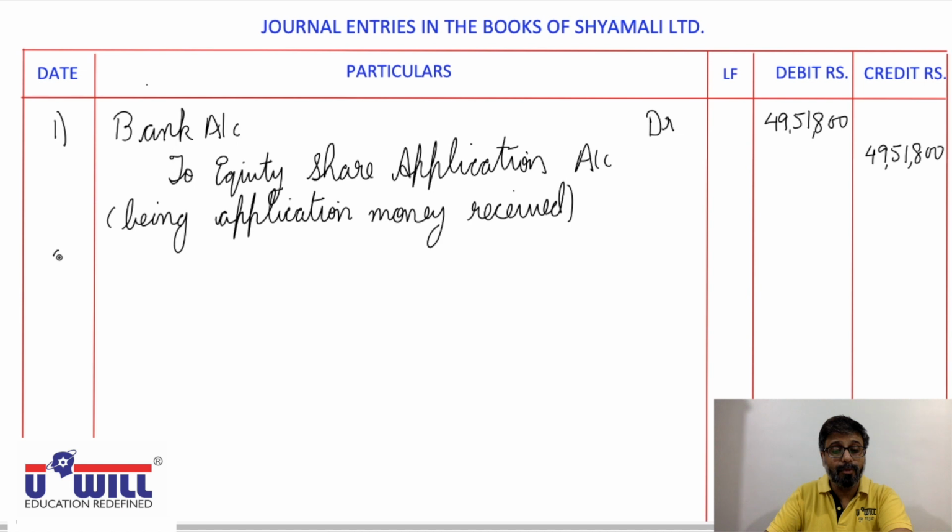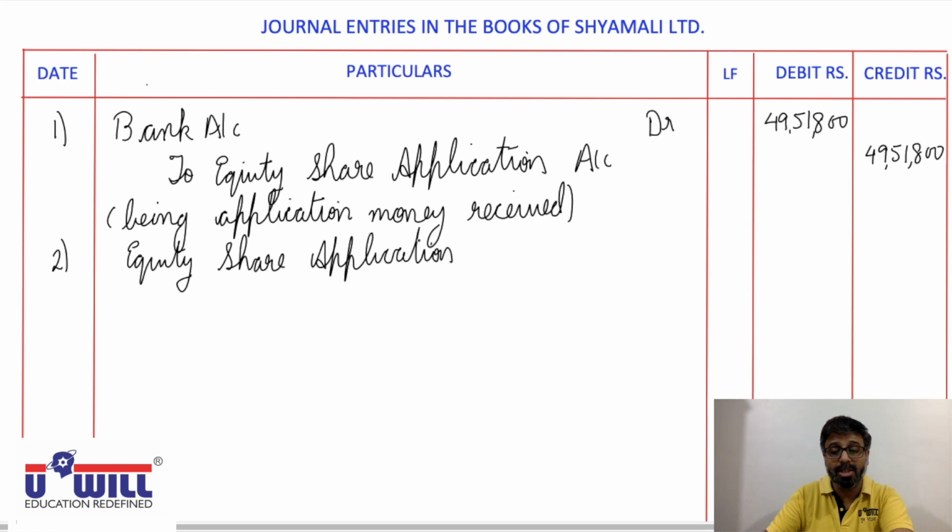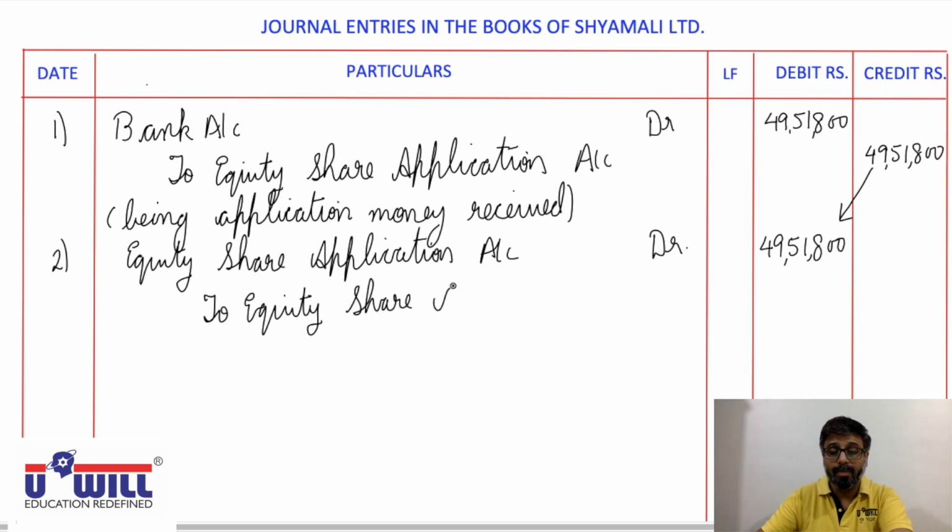Now second entry for pro rata allotment, equity share application account debit. Okay, now since we have already practiced 2 to 3 pro rata questions in the last 2 lectures, equity share application account you will debit with full amount 49,51,800. Then to equity share capital account, okay, to equity share capital account.